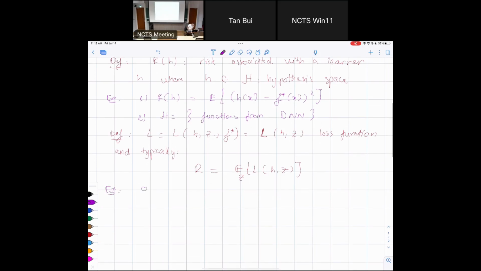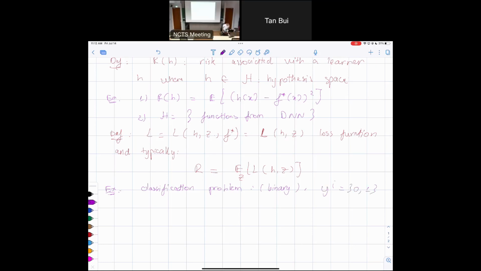Let's say the classification problem. Let's look at the binary loss, the binary problem where y can be either 0 or 1, like two classes. We need to classify those two classes.